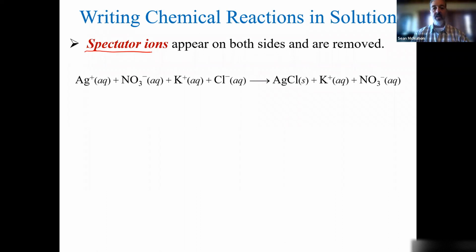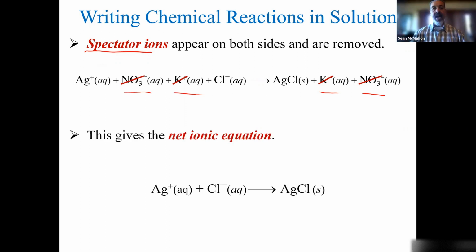So how do we do that? Whatever ion is on both sides, we eliminate. So I have nitrate separated on both sides, and the potassiums too. So I cross those out, and what's left? The actual reaction. The net ionic equation shows what ions are involved in forming the precipitate.